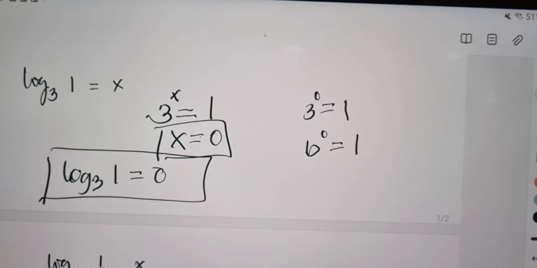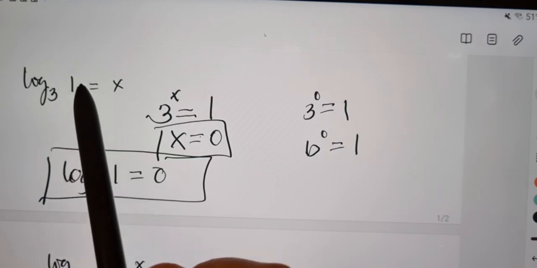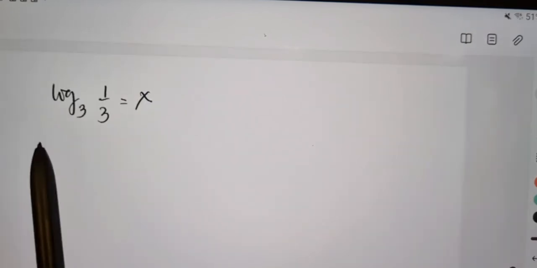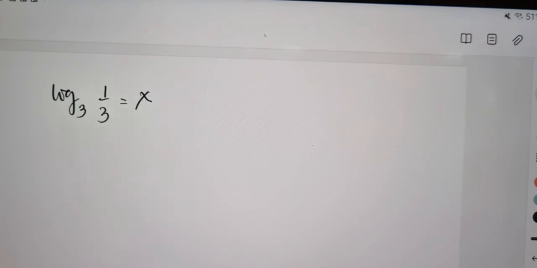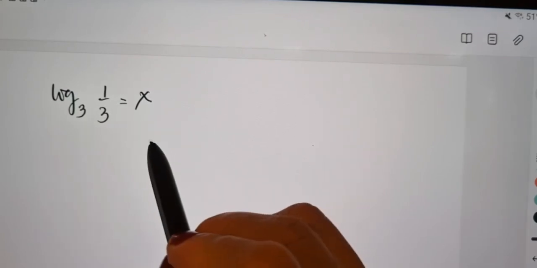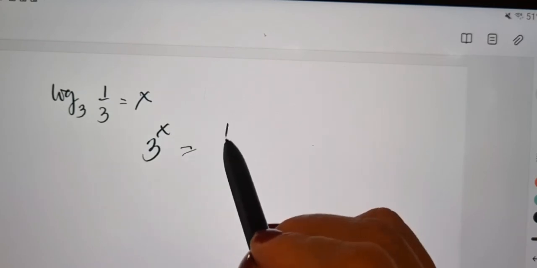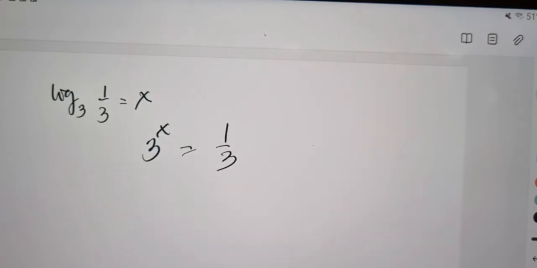Remember, ang logarithm ay simply the exponent. We are just finding the exponent of the base para maging equal siya sa sagot na makikita dito. Okay, now look at this one. Log base 3 of 1/3 is equal to x. Now, 3 raised to x is equal to 1/3. Now, i-recall natin yung laws of exponents natin. Na pag ito ay fraction, ibig sabihin, ang exponent natin dito ay negative.